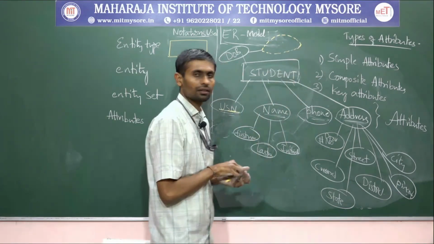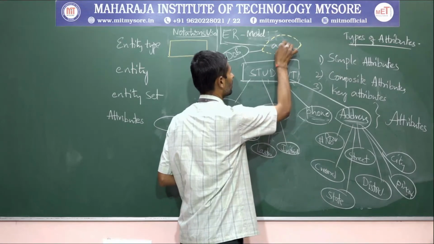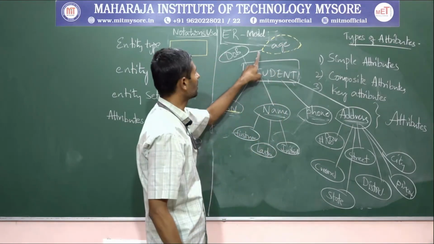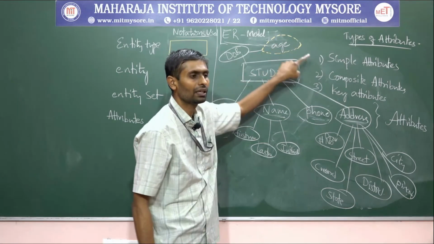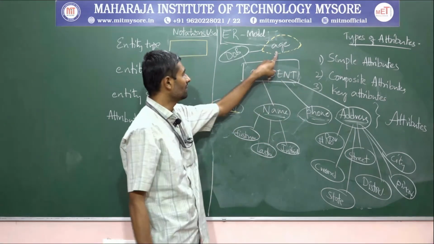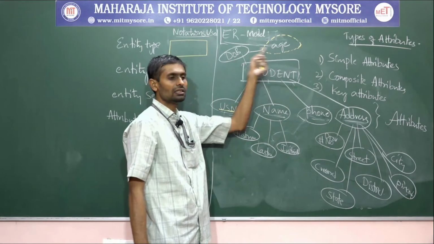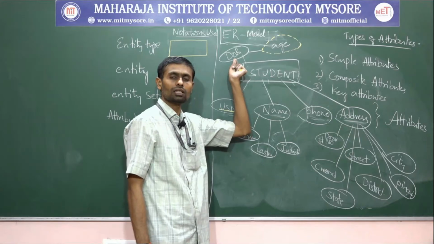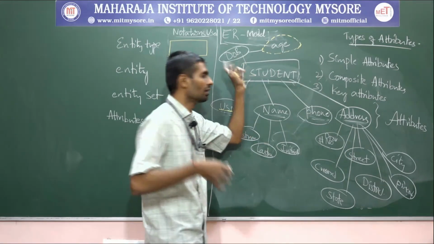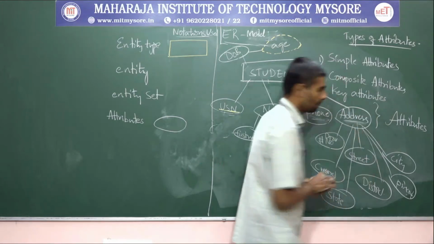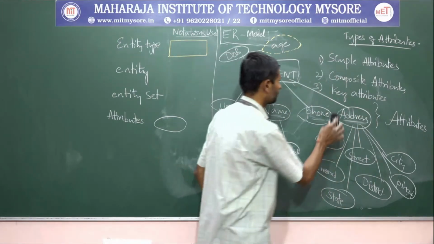We are deriving the age of a student, and we have represented it in terms of a dotted oval symbol or dotted elliptic symbol, right? Age is derived from what? Date of birth. Date of birth is what? An attribute which is simple as well as stored, and these attributes we call by the name stored attribute.